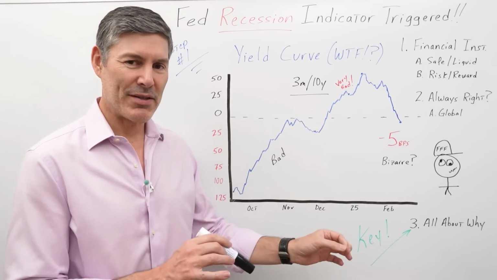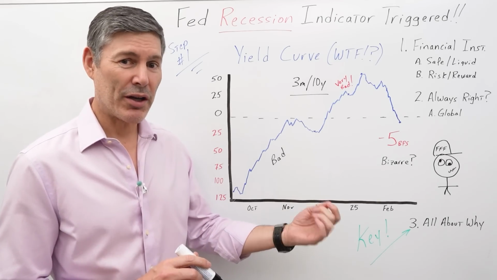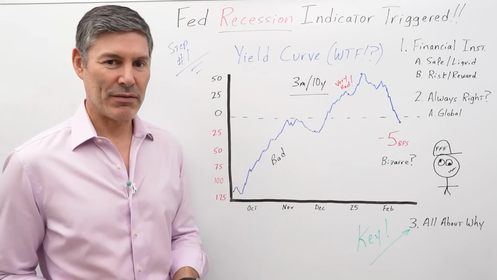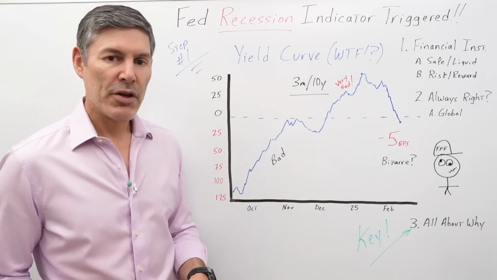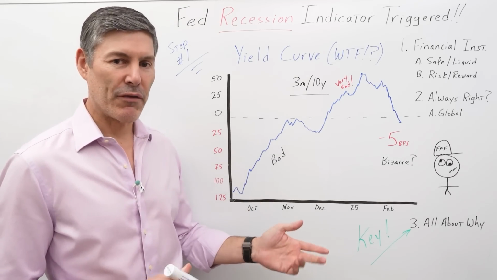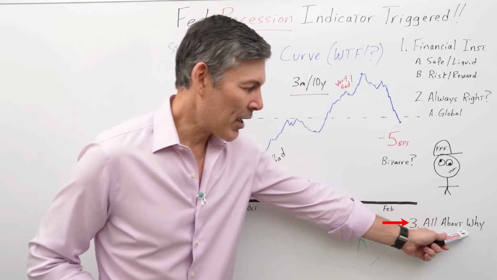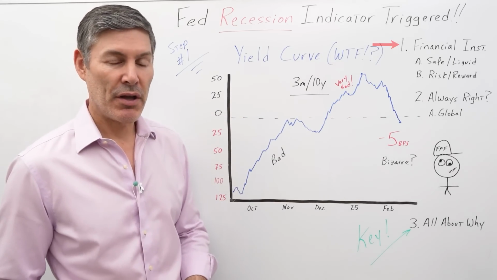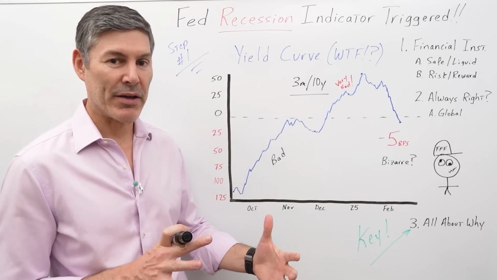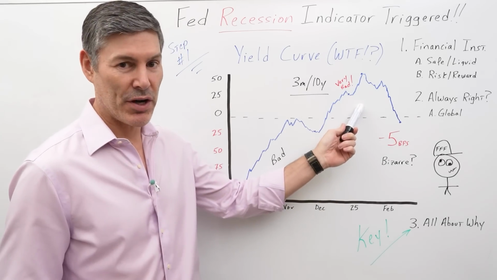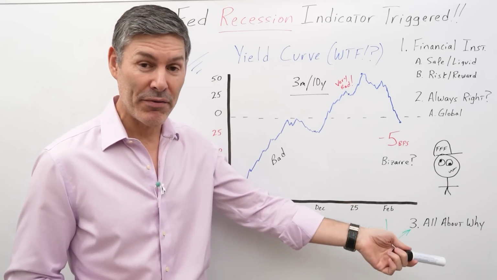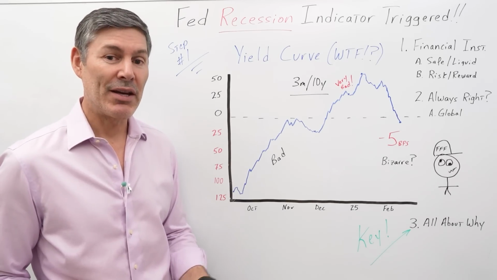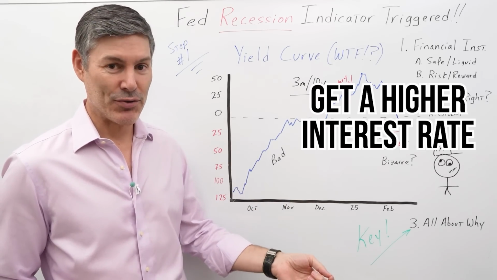But what this misses is what we were just talking about. It's not the fact that the yield curve is predicting a recession. I think that's missing the point. Said another way, it's not about the curve inverting, it's about asking why there are so many financial institutions that are taking their balance sheet capacity and buying 10-year Treasuries instead of going out into the real economy and using that balance sheet capacity to get a higher interest rate.